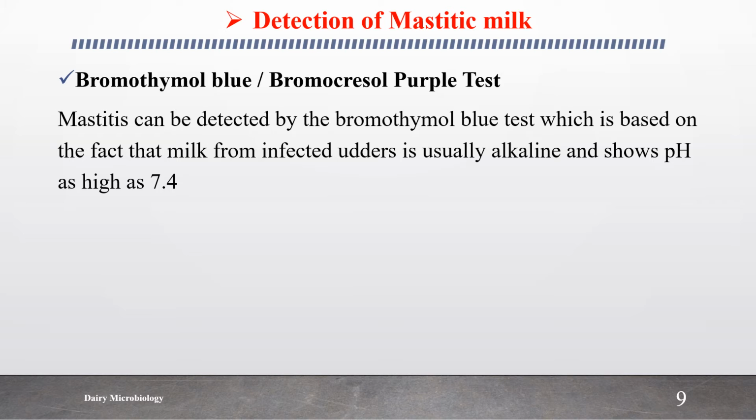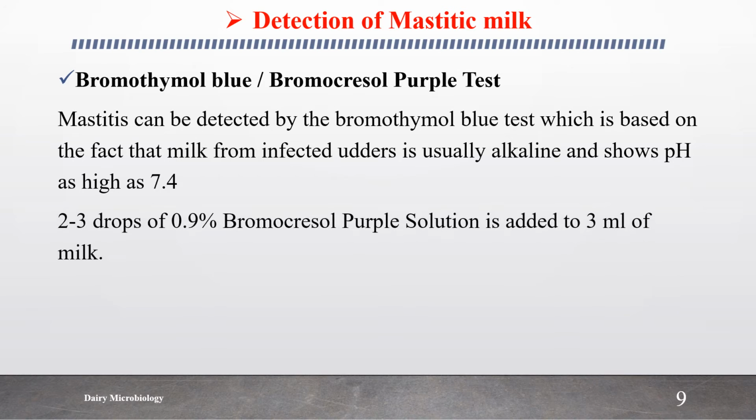But when the animal is suffering from mastitis, which is an udder infection, then the milk of that mammal will contain blood cells, due to which the pH of mastitic milk is increased. And this increase in pH can be detected by using a pH indicator.